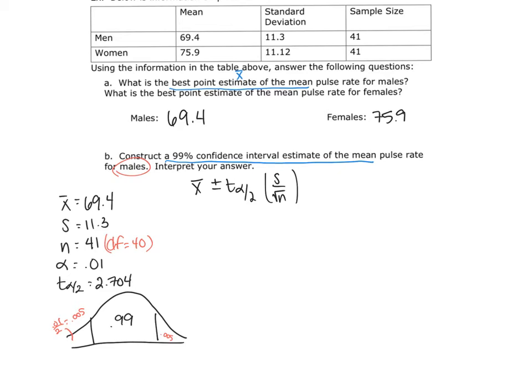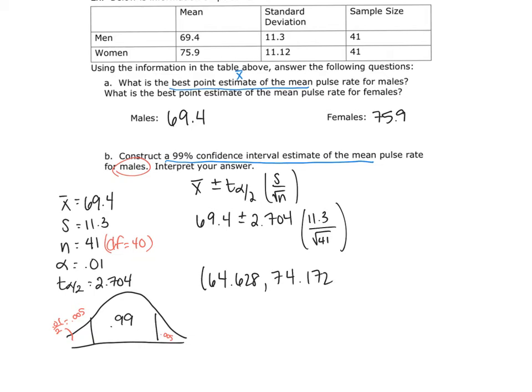Substituting in our unknowns, we get 69.4 plus or minus 2.704 times 11.3 divided by the square root of 41. After evaluating on our calculator, our lower bound is 64.628 and our upper bound is 74.172.